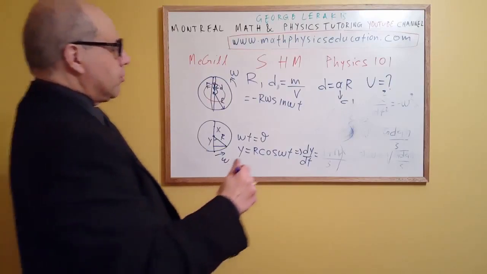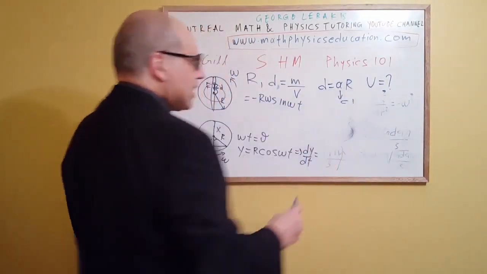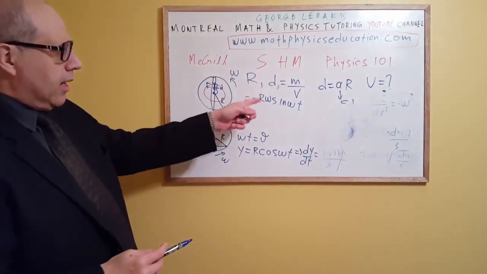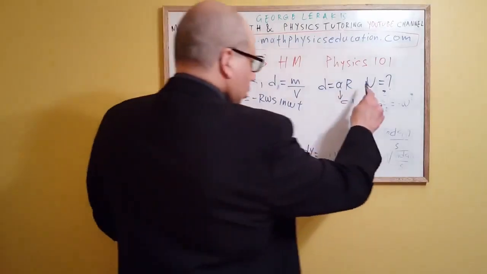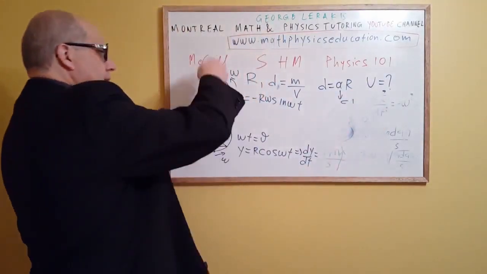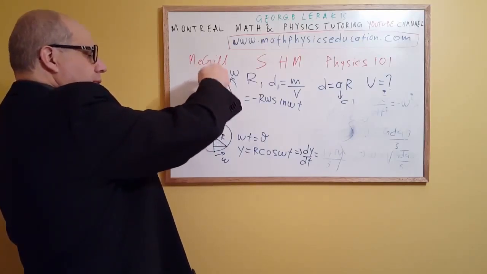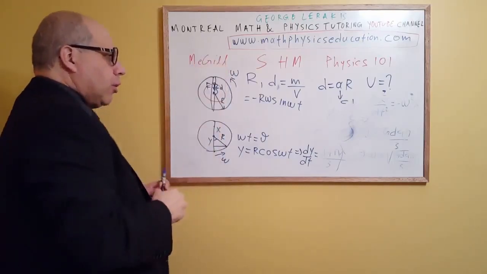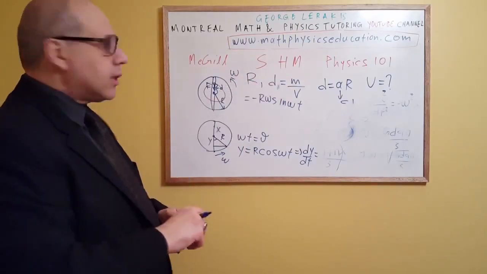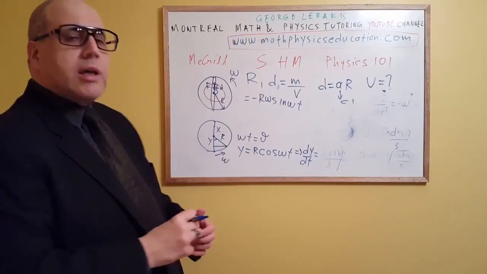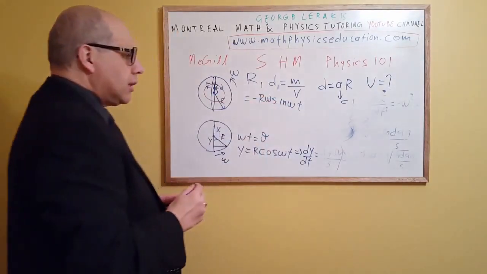What do we have to calculate? We have to calculate exactly this here, which is actually the velocity. We have to calculate the speed, so it doesn't matter in which direction the object is going. It doesn't matter if it's going down or up, because we are only interested in the speed, which is just the magnitude of the velocity. So we can ignore this minus here.